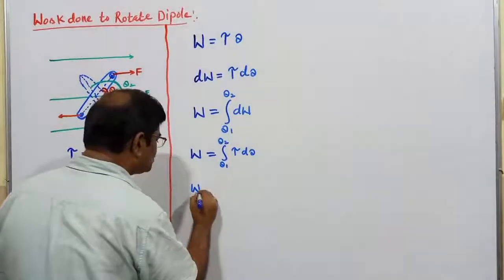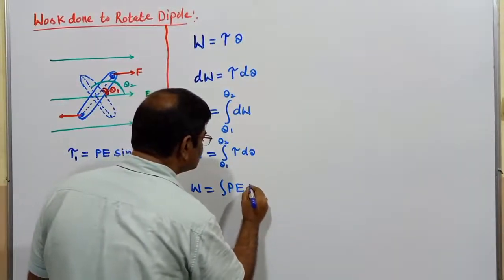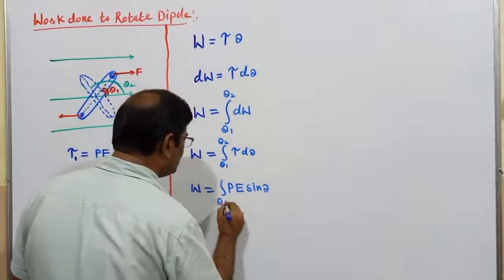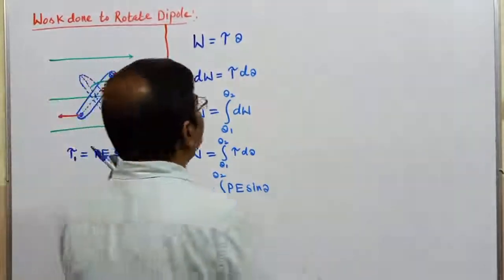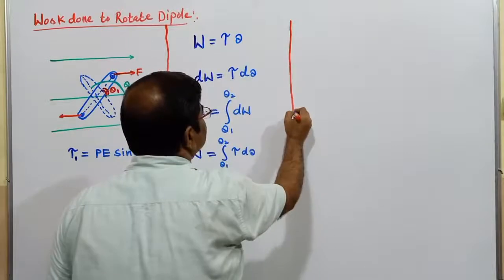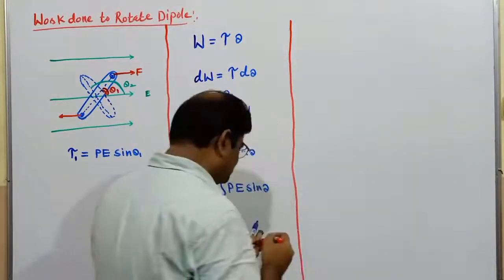So W equals PE sin theta, from theta 1 to theta 2. I substituted the value of torque, that's it. And then I will go ahead with the further steps. What is the further step?